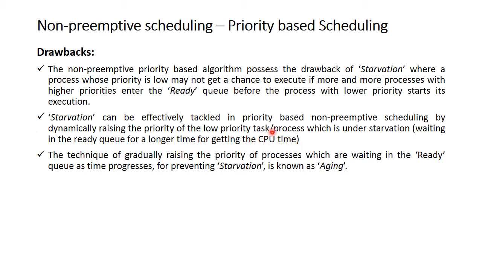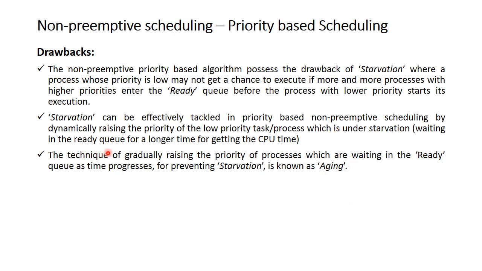Okay, and this problem can be addressed by dynamically raising the priority of the low priority task. Dynamically means that even though the process has a low priority, the priority can be raised to a higher priority during execution, or during the runtime. That is called dynamic raising of the priority of a low priority task, and the name for this process is aging.